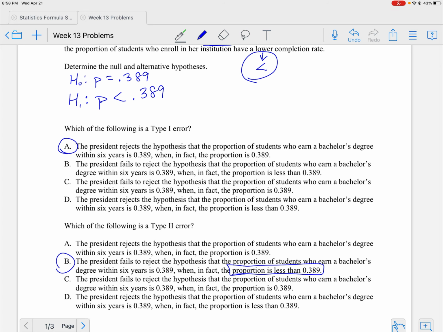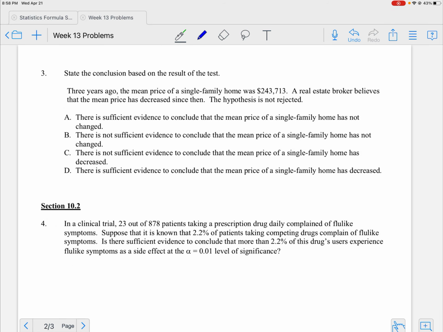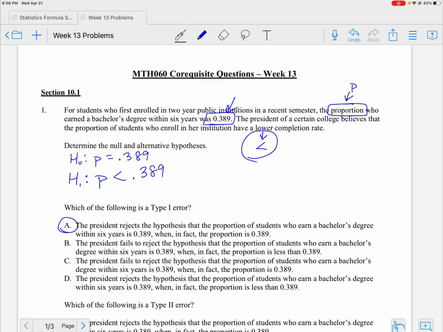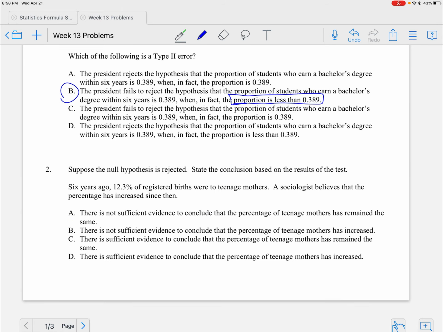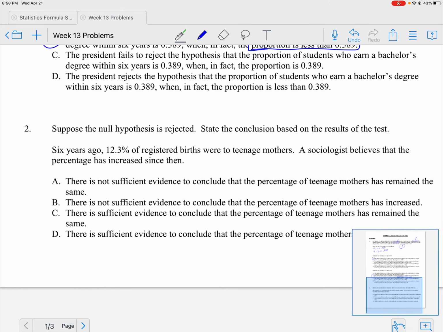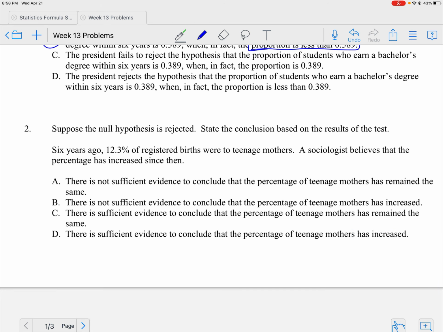Okay. Now here's the other verbiage. Sorry, I jumped the gun here. Here it is. So suppose the null is rejected. We're going to state the conclusion based on the results of this test. So the null is rejected. 6 years ago, 12.3% of registered births were to teenage mothers.